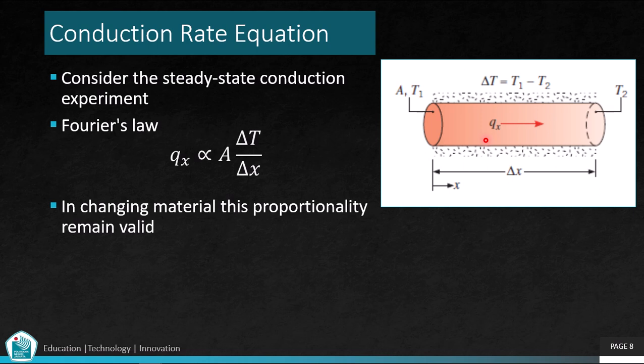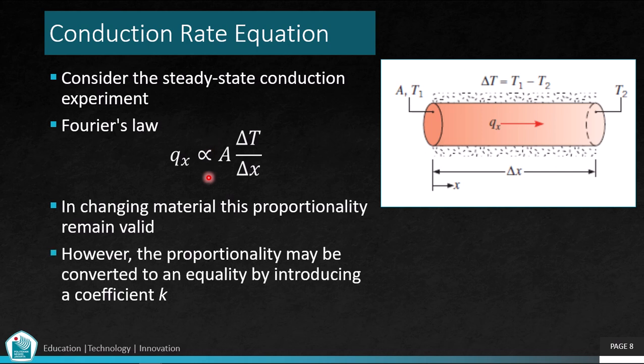This suggests that the proportionality, this is the symbol of proportionality, may be converted to an equality by introducing a coefficient K. This coefficient K is a measure of the material behavior.